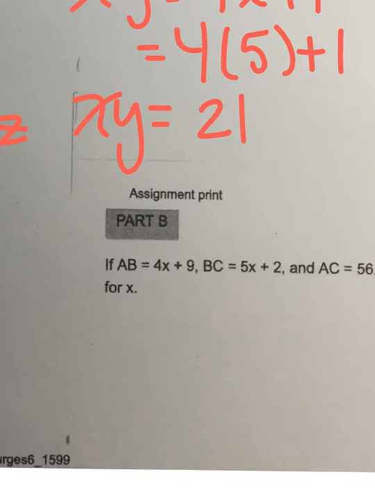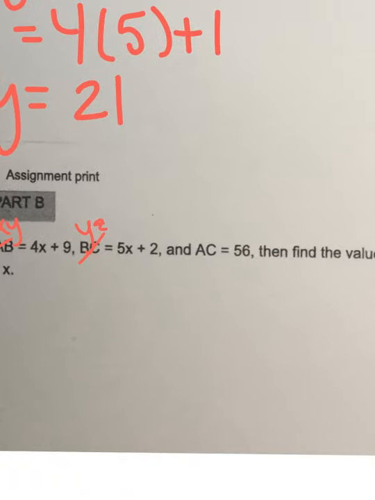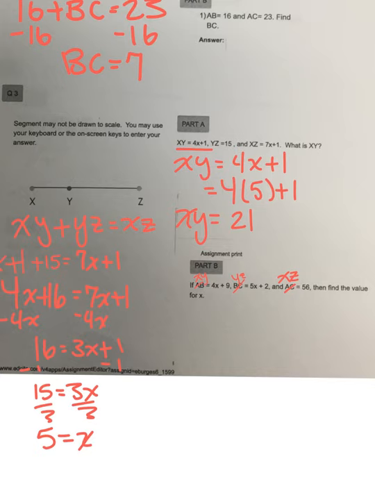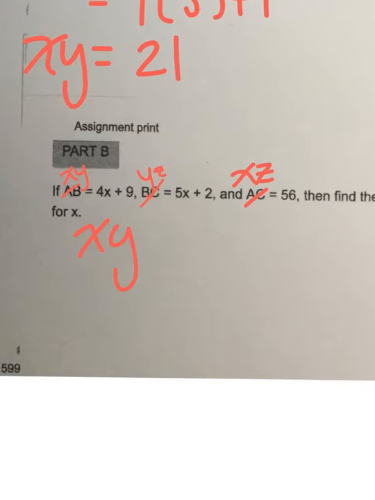If we look at part 2 here, this was supposed to say XY, this should be YZ, and this should be XZ. But it wants us to solve for x. And we're looking at the same line segment, so we know that our equations should be the same.